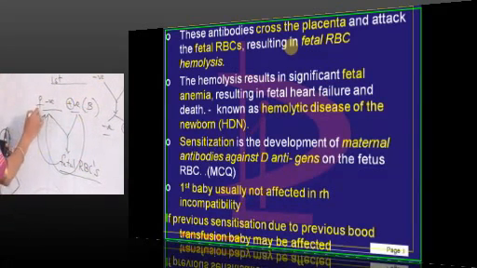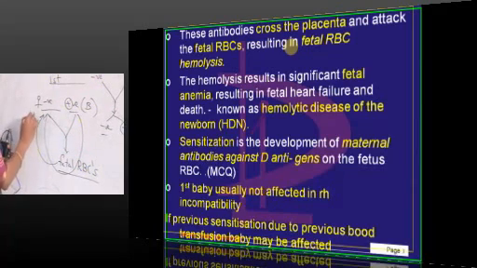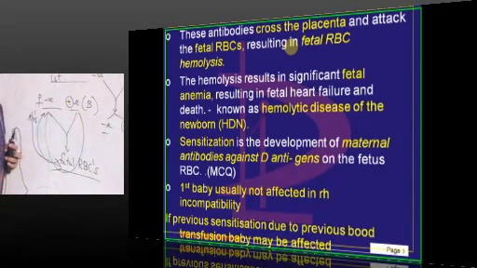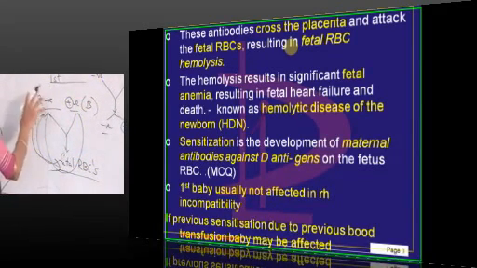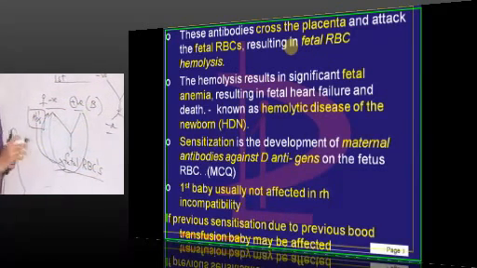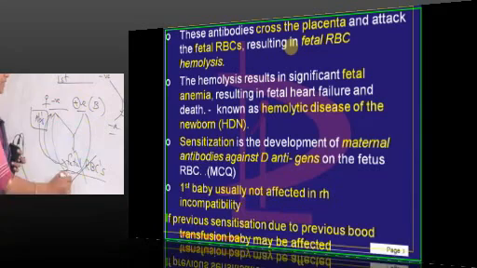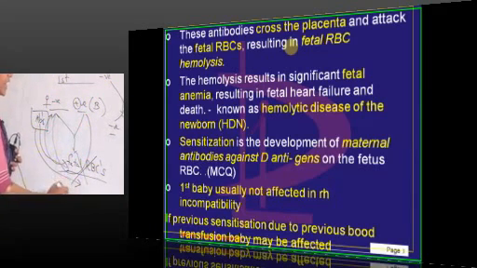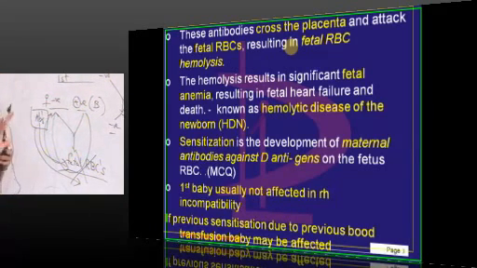So what will the mother do? She will secrete antibodies to kill the fetal RBCs. These antibodies get transmitted and kill the fetus. This is how it will happen.